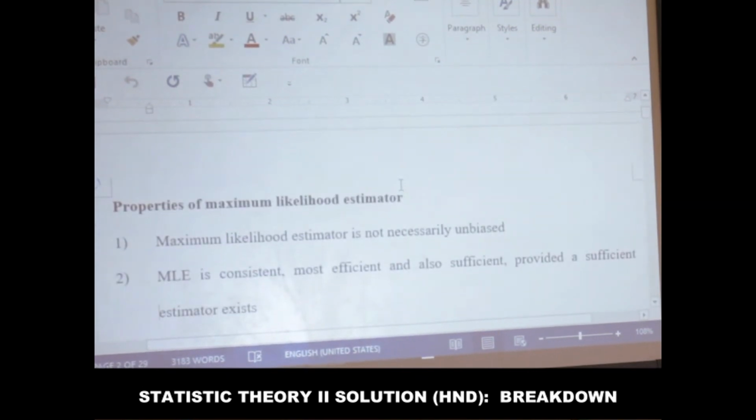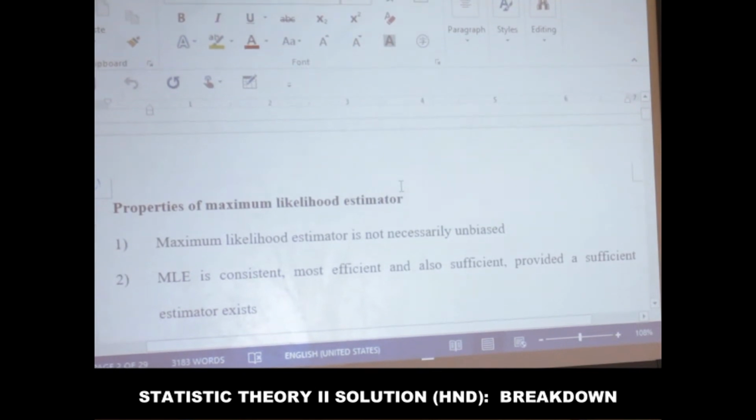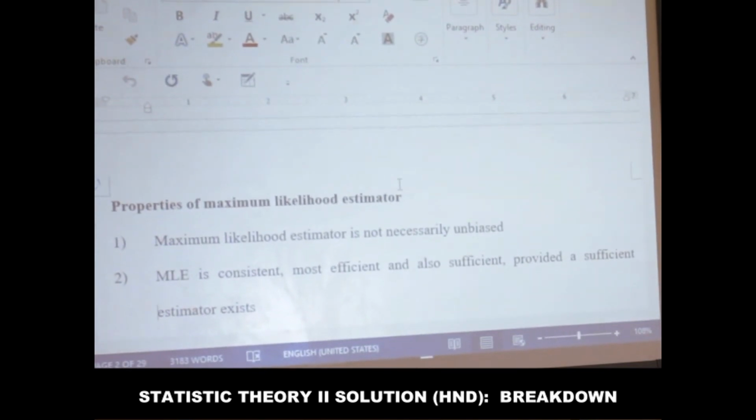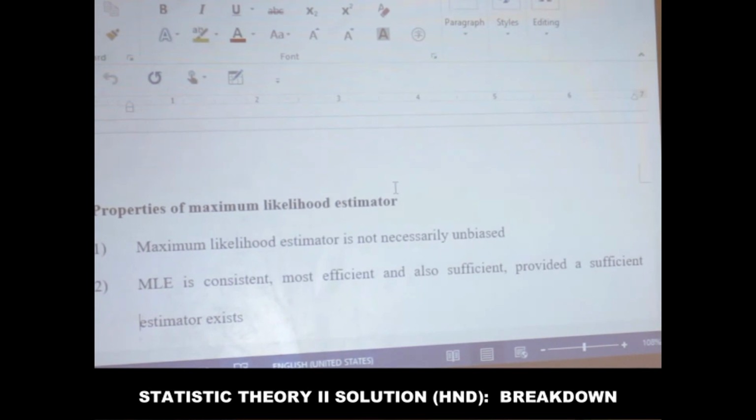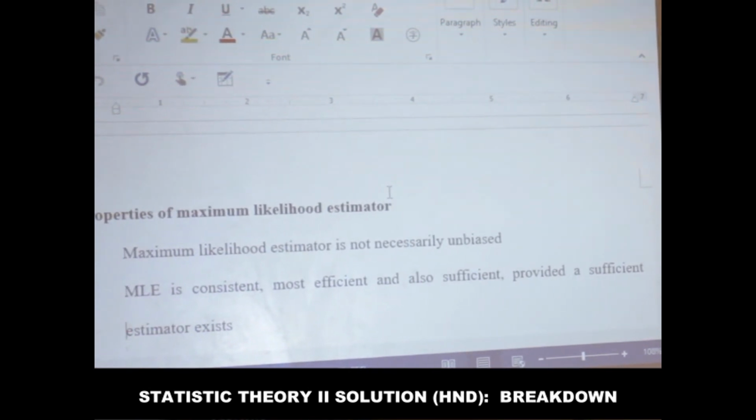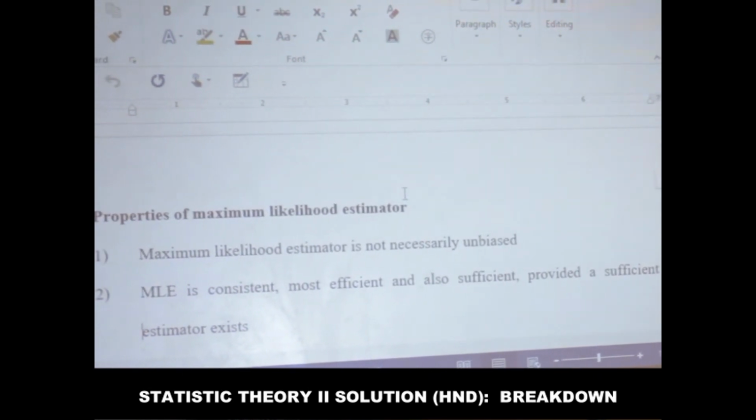Now, what are the properties? The properties of the maximum likelihood estimator are as follows. 1, the maximum likelihood estimator is not necessarily unbiased. When you say it's unbiased, it means that at the end of the day, you are not getting anything that is less than 1. Rather, a maximum likelihood estimator can be biased, it can be unbiased.